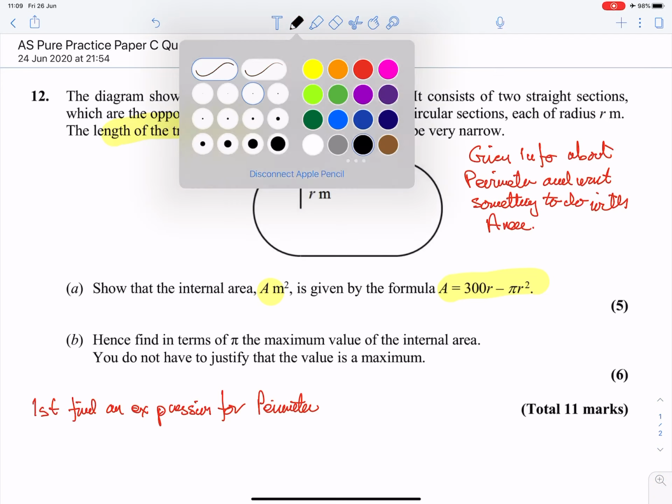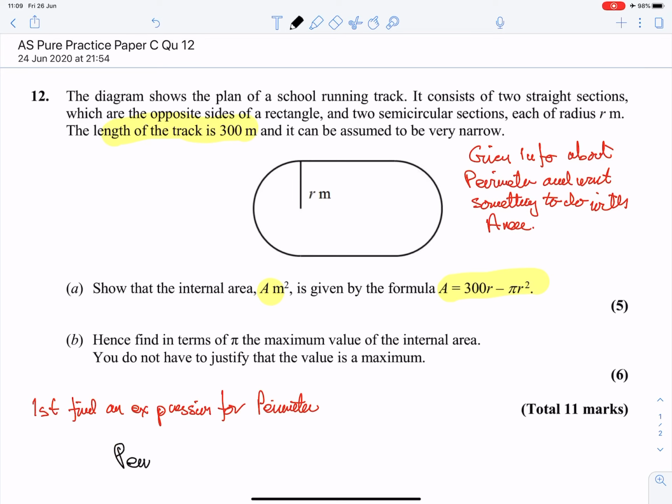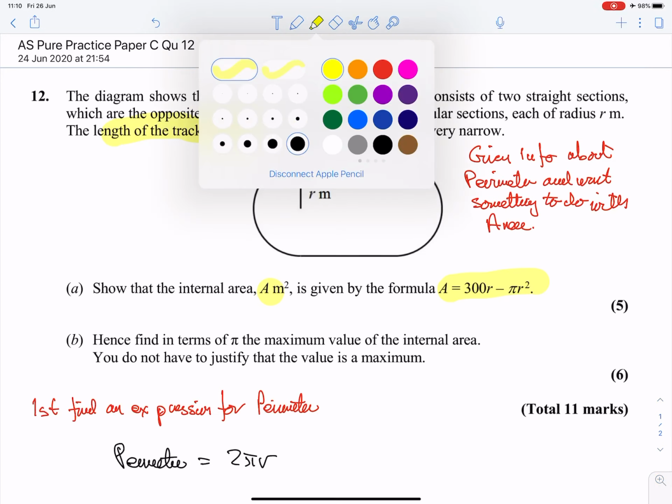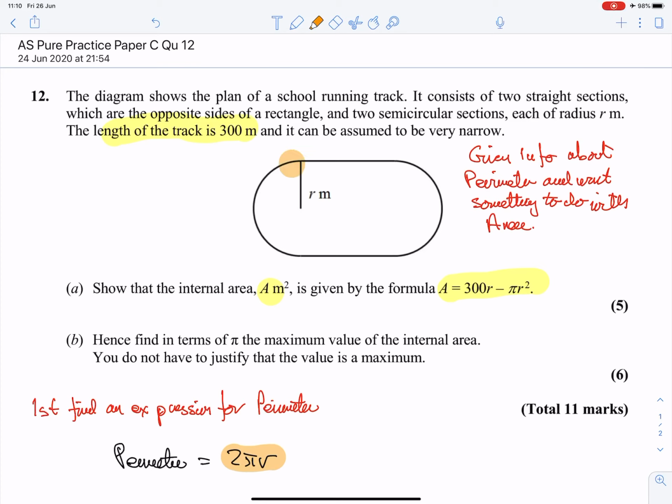The perimeter is equal to the circumference of a circle, 2 pi r, because we've got that bit plus that bit. And then we've got two lots of the length.